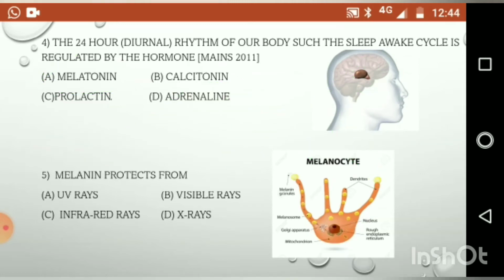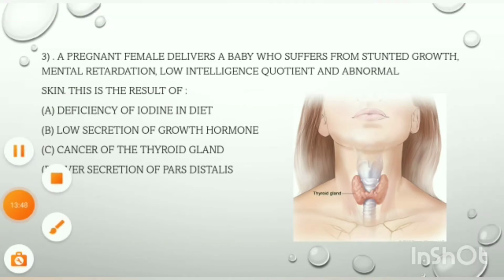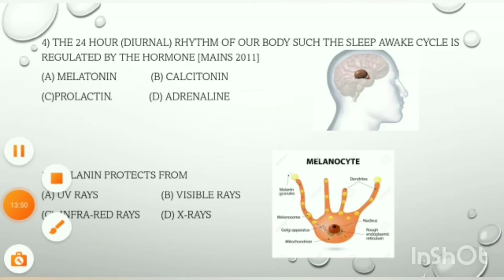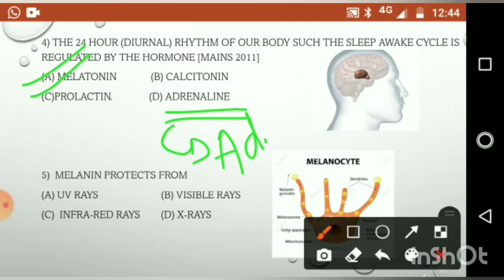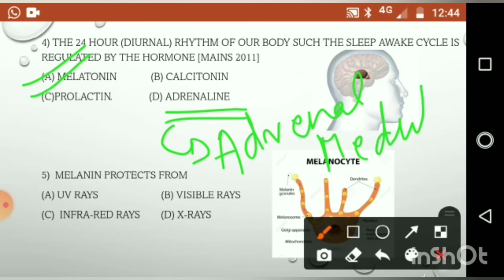And last is adrenaline. Adrenaline is secreted by the adrenal medulla. Okay. So the correct answer for this is melatonin, which is secreted by the pineal gland.